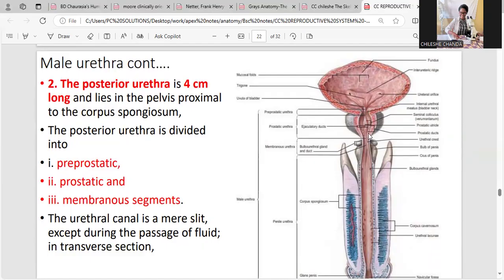It is short, just about 4 centimeters long, and it is divided into three portions. We have the pre-prostatic portion, before the beginning of the prostate, then the prostatic portion, and then the membranous segment of this posterior urethra.